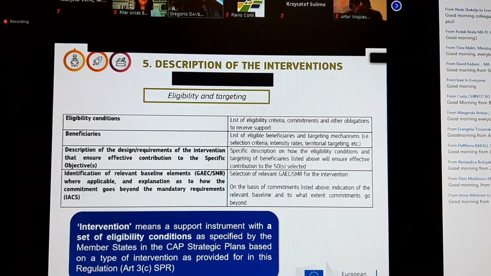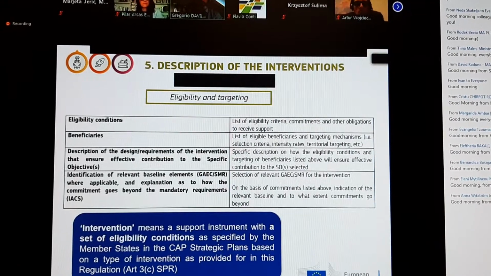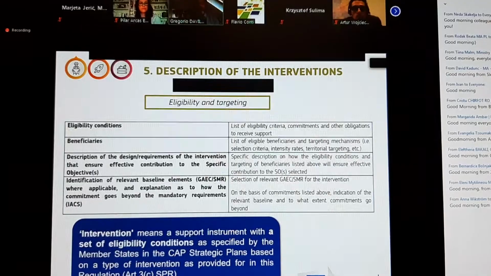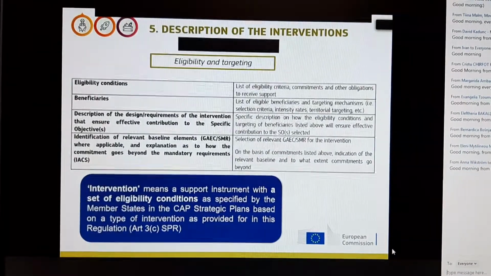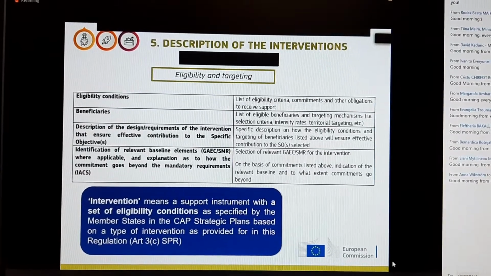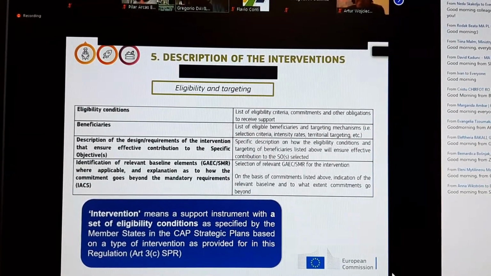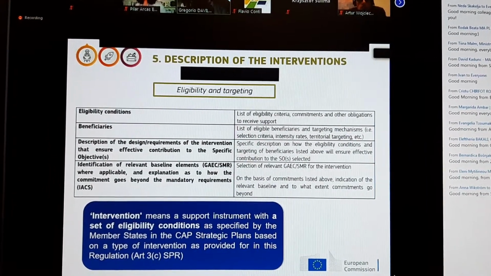Then we will also need to see the targeting at the level of beneficiaries and the mechanisms you have to target the support. In principle, this would include the principles of the selection criteria, or the intensity rates that you are using to support beneficiaries in one way or the other.